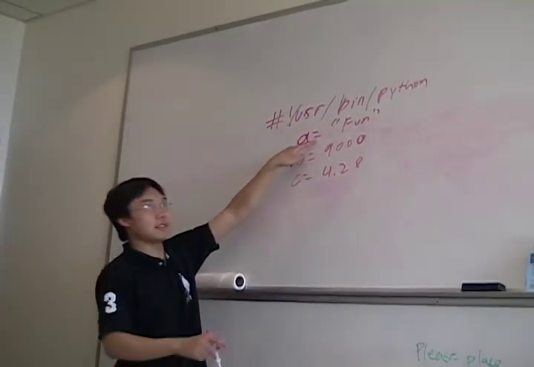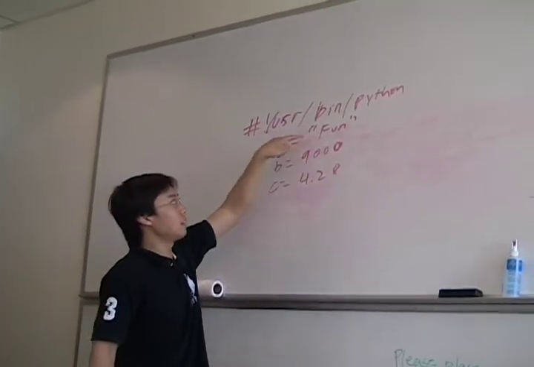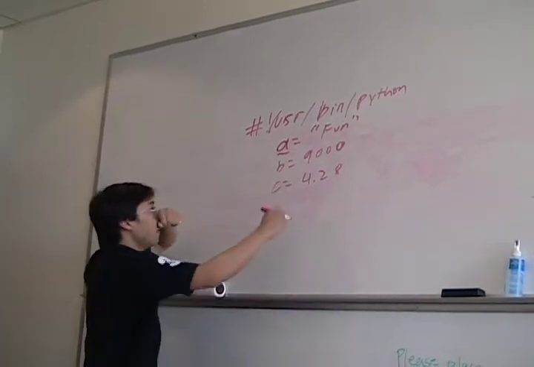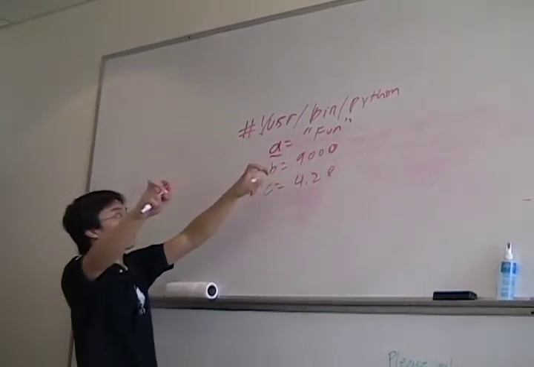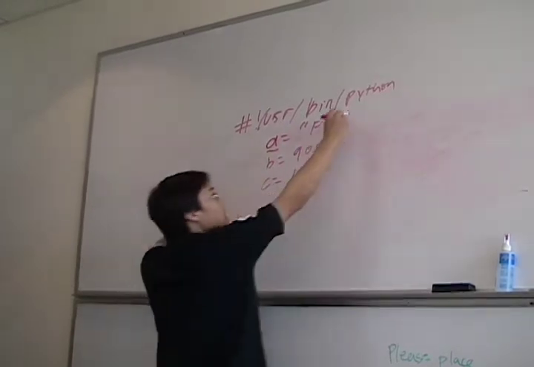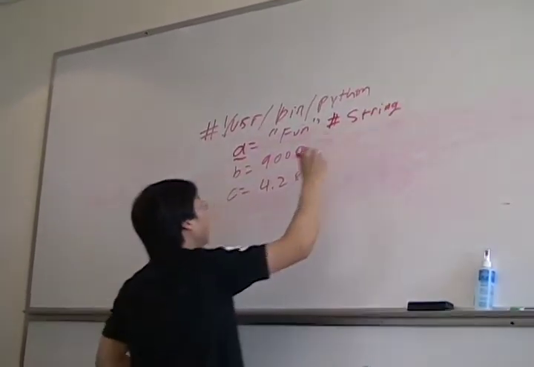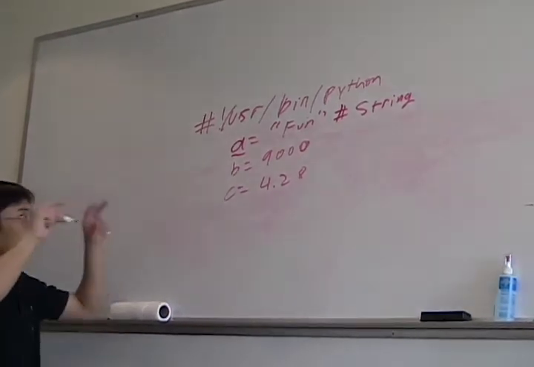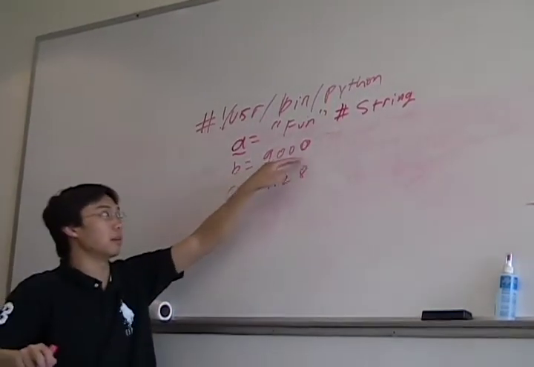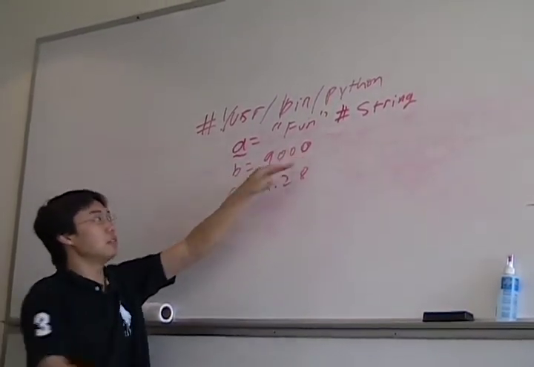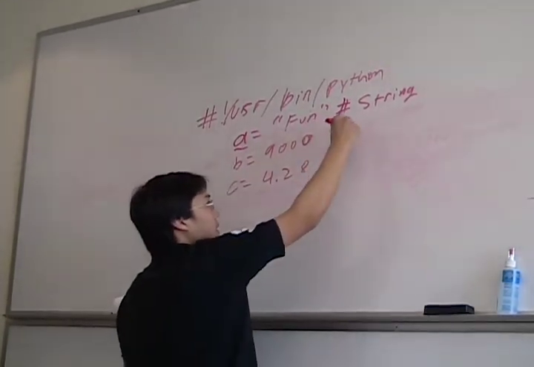This equals is an assignment operator, and this is our value. If our value is under double quotes, this represents a string. If our value is not in quotes, but it's a whole number, meaning there's no decimal, this means it's an integer.